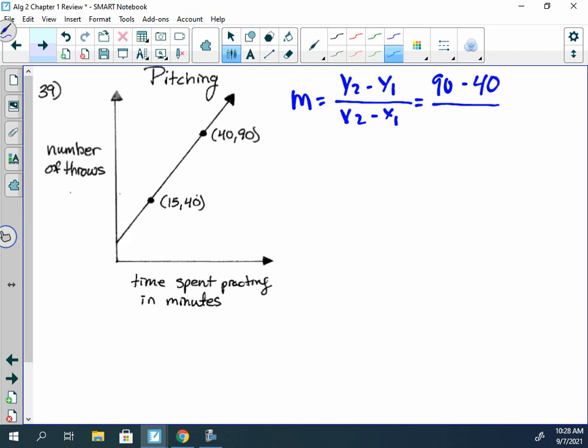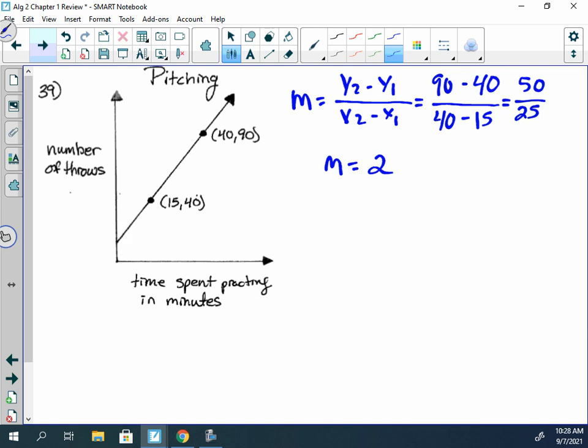Our x values would be 40 and 15. Now at this point, we can plug this into the calculator and have it figure it out for us. We don't have to solve this by hand. But if we did, 90 minus 40 is 50, and 40 minus 15 is 25. And 50 divided by 25 is 2.